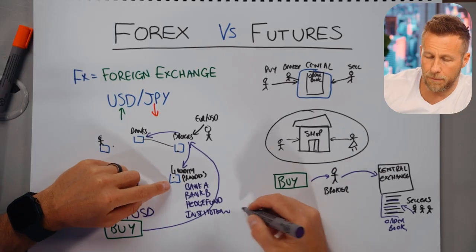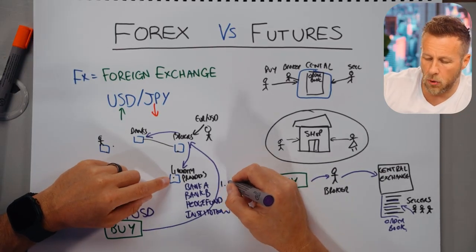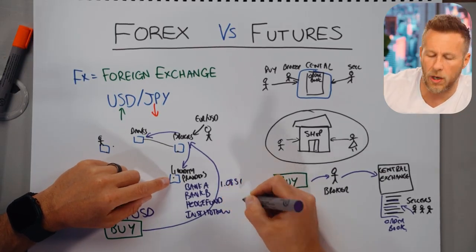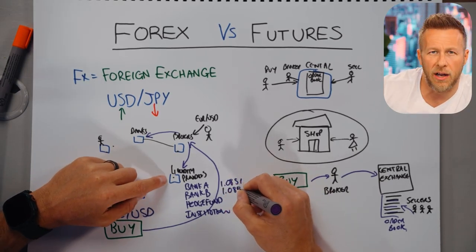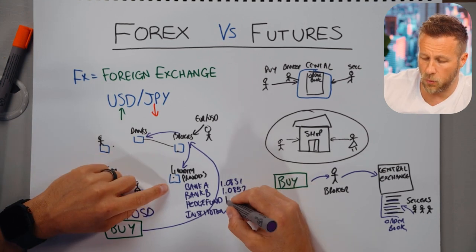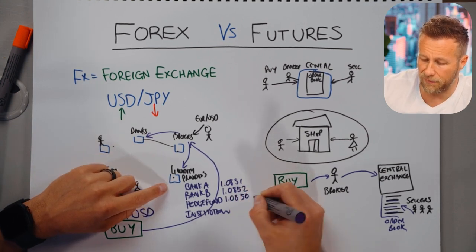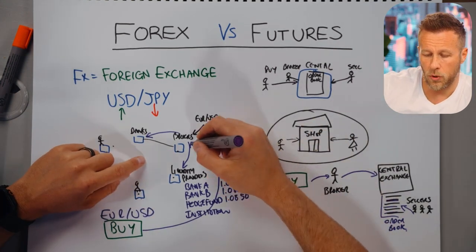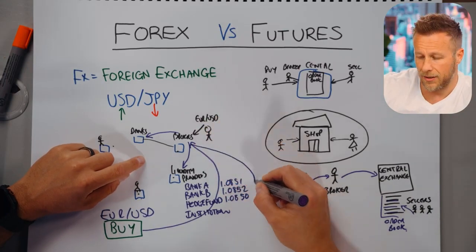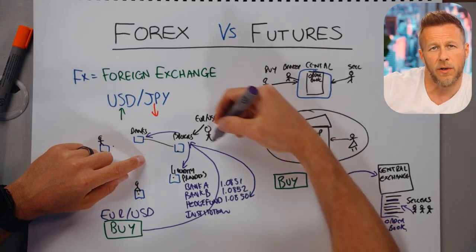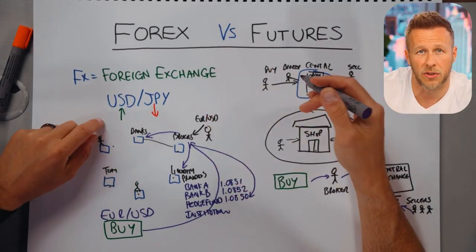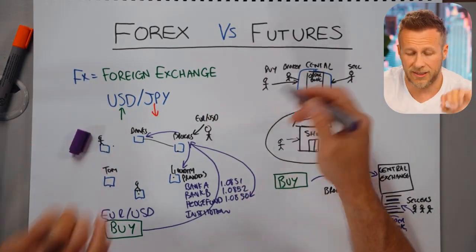For example, bank A might be 1.0851, bank B might be 1.0852, the hedge fund might be 1.0850, and your broker will route the trade to that hedge fund because it offers the best price. Then your trade gets filled, with the bank or hedge fund on the other side of your trade, and that's it.